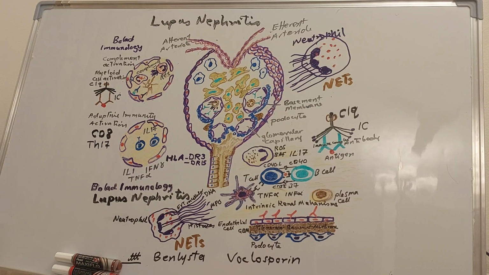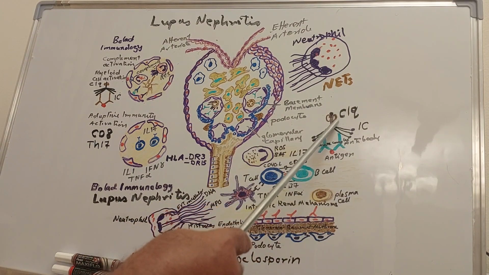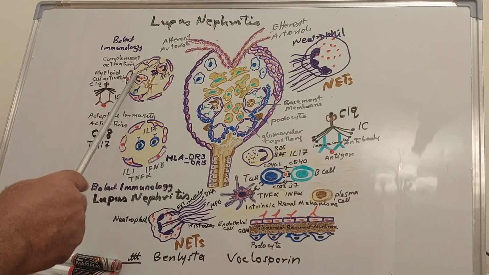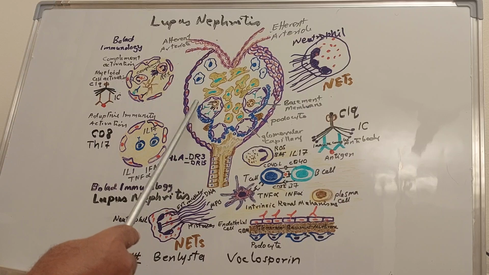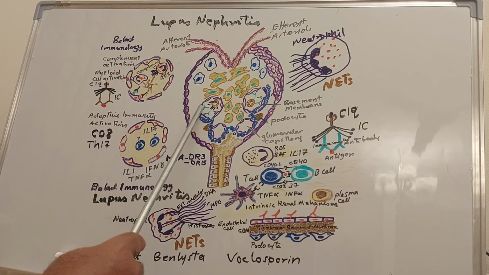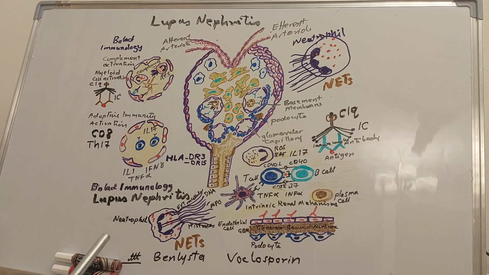However, these pathogenic antibodies, together with formation of immune complexes, these are the immune complexes, as can be seen here. All these are immune complexes. The immune complex means antibody plus antigen or autoantigen. So these are the key links leading to lupus nephritis.